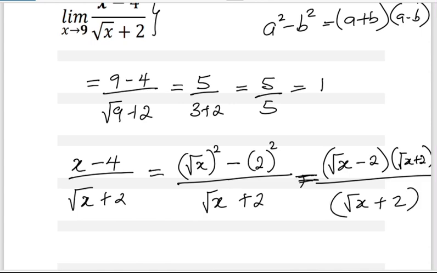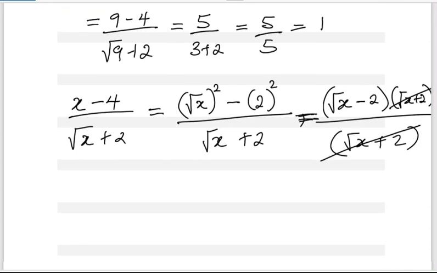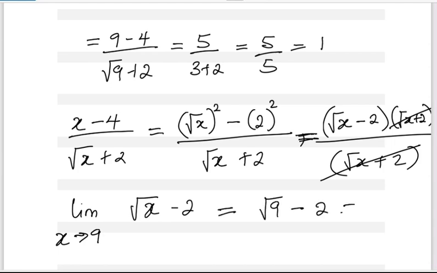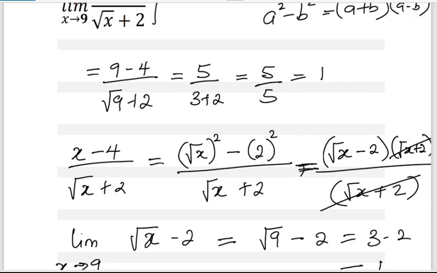And we can easily cancel this. So we're going to have that the limit as x tends to 9 is just going to be square root of x minus 2, which is simply square root of 9 minus 2, and this will give us 3 minus 2, which is 1. So either way, you're going to get the final correct answer.